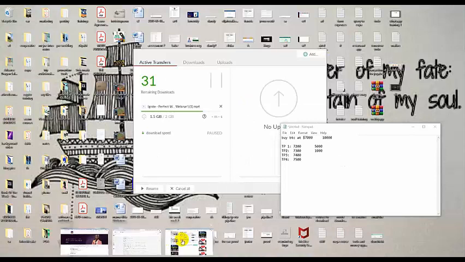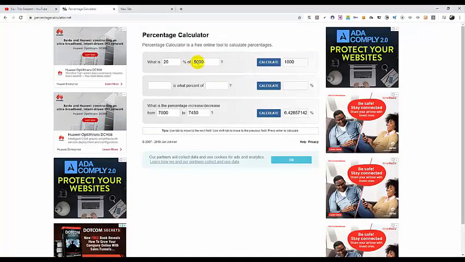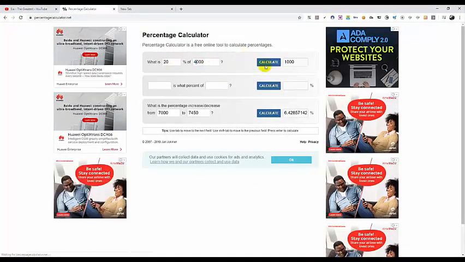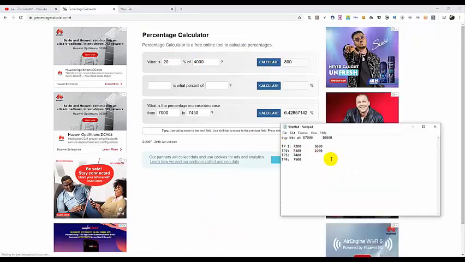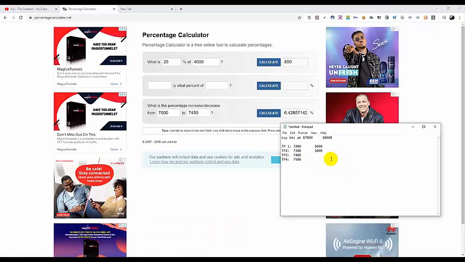It's $4,000 remaining, so we change this to $4,000, taking profit for $800. $800 here. TP4, you're taking profit for the remaining $3,200.